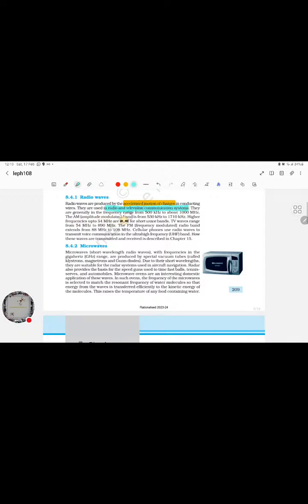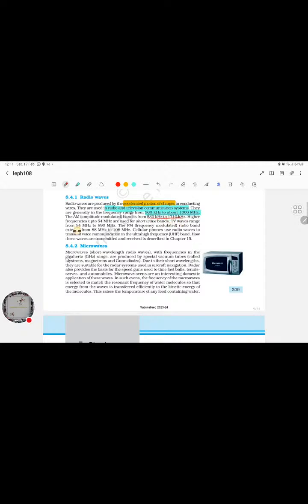They are generally in the frequency range of 500 kilohertz to 1000 megahertz. Okay, fine. The amplitude modulated band, that is the AM band, is between 530 to 1710 kilohertz.